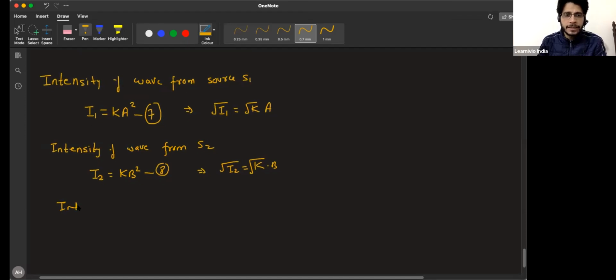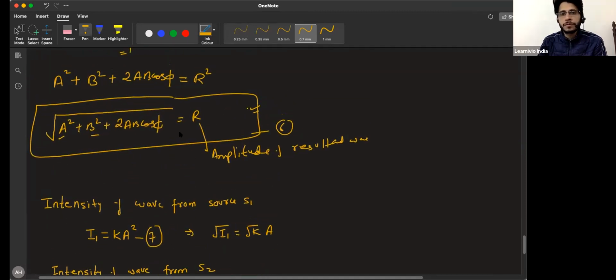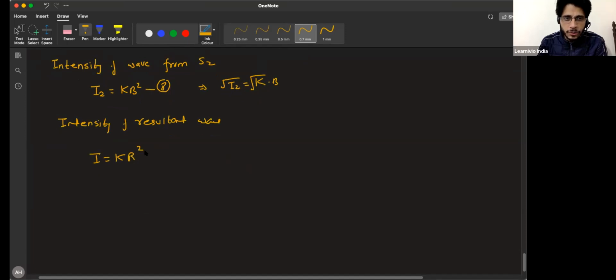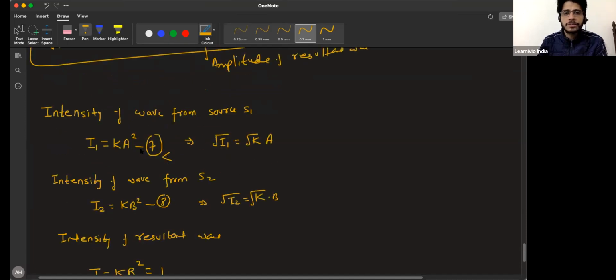Next, I need intensity of the resultant wave. See, the intensity of the resultant wave is k times the square of the amplitude of the resultant wave. The resultant amplitude is R, so the square of its amplitude is R square. You can write this as the square of this term.